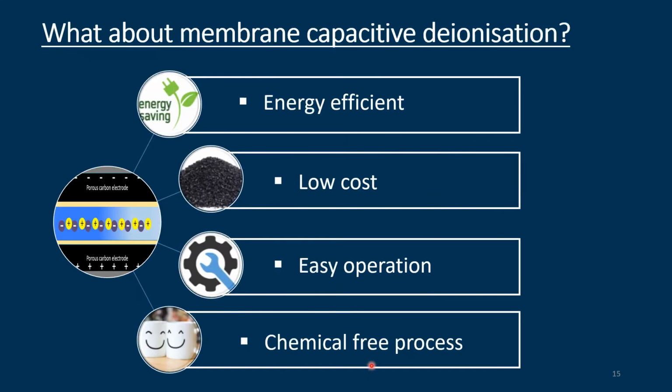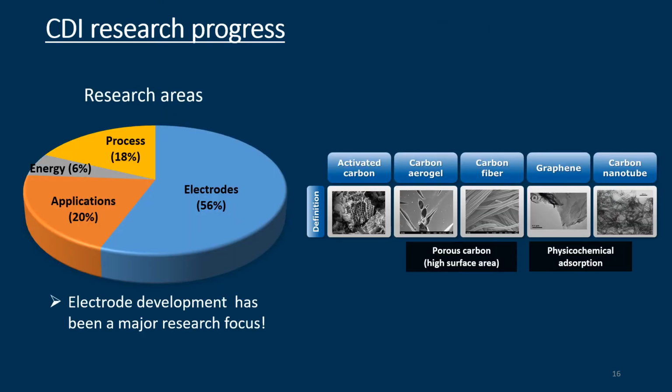So we believe MCDI can have very high potential for future desalination in a certain niche market, where energy efficient, low cost, easy operation and chemical-free process can be achieved from this technology.